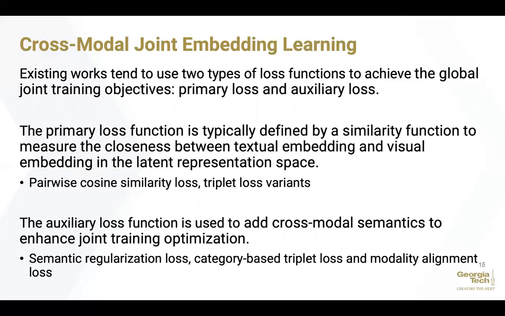As for the auxiliary loss functions, they are mostly used to add cross-modal semantics to enhance the joint embedding optimization. Some of them need to utilize the category labels for recipe image pairs in the dataset.